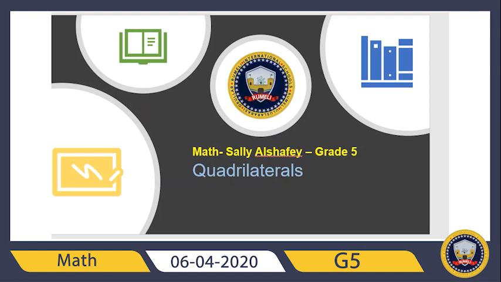Do you remember when we started our polygons chapter, and we know that the four-sided polygon is called a quadrilateral? It means any shape with four sides, any polygon, any closed shape that has four sides.